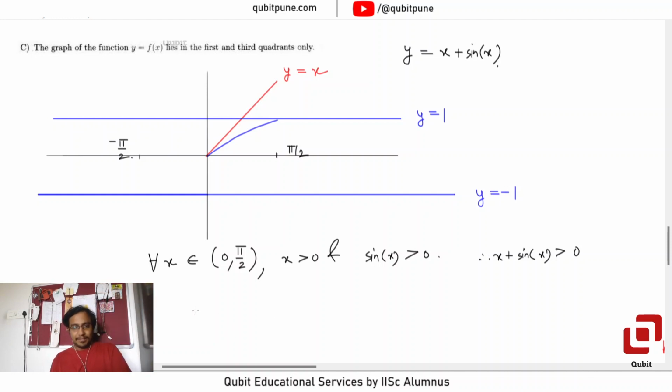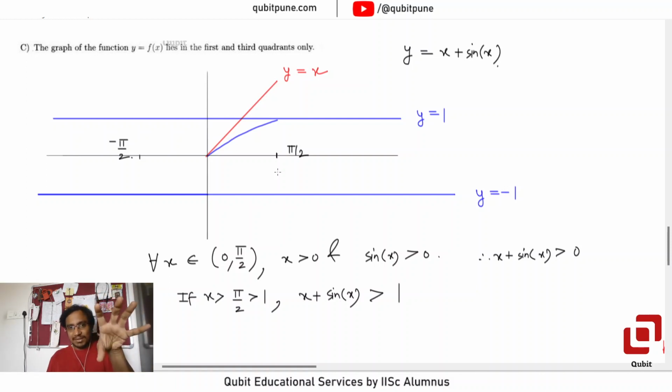So I can say if x is greater than pi by 2, which is eventually greater than 1, x plus sin x will always be greater than 1. Or you can even come up with a tighter bound, but that's not needed.